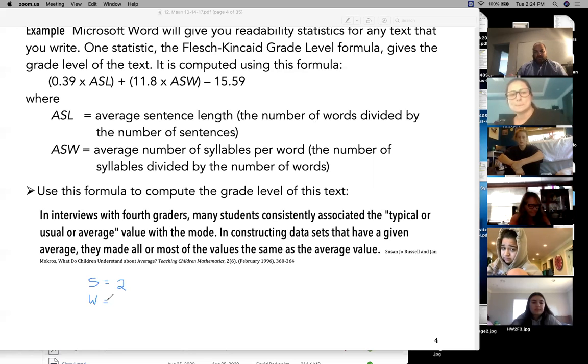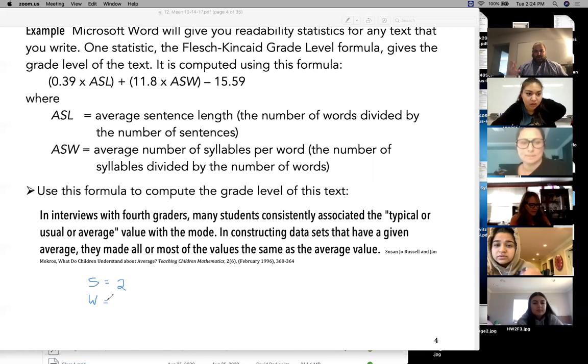There's a little more than that. 41, I believe. 42.